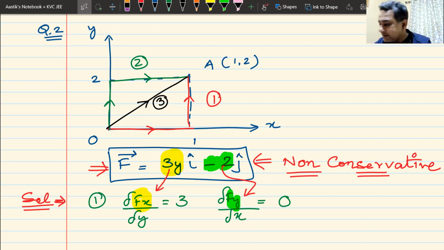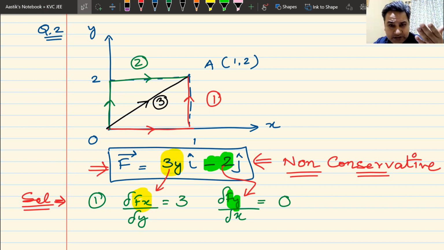So what we discussed in the last class was how do we find out whether a force is conservative or not. We saw that if a force is constant, it is conservative. We also saw a test for finding out whether a force is conservative or not. And the test was very simple.